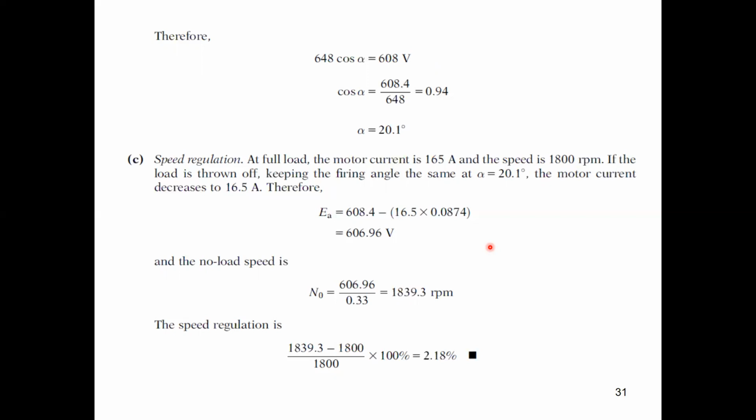So simply we have the voltage now at the firing angle 20.1. This is now our voltage. So at no load current 16.5, the EMF will be 6.96 volt. So this is the EMF, and simply we can now divide this EMF by K phi in RPM to get the value of no load speed at this operating curve.